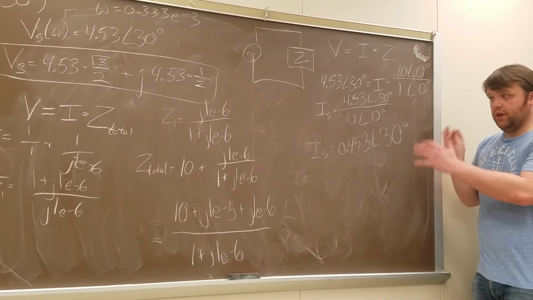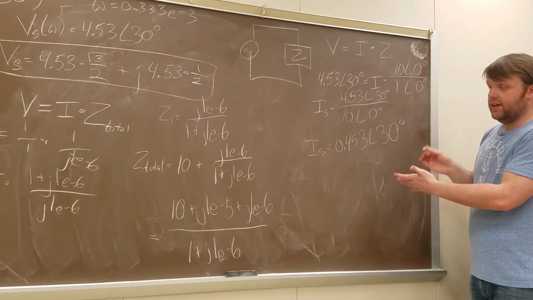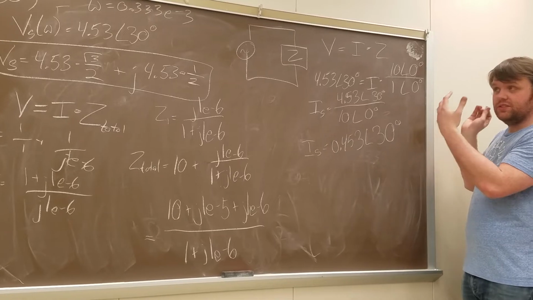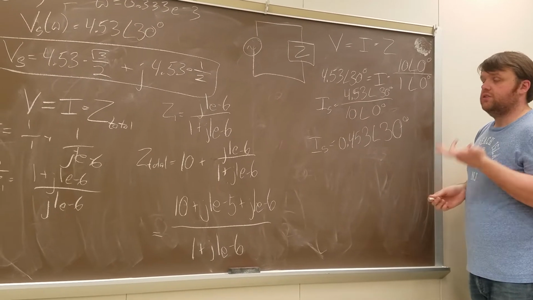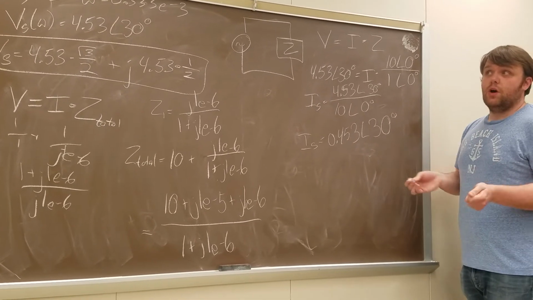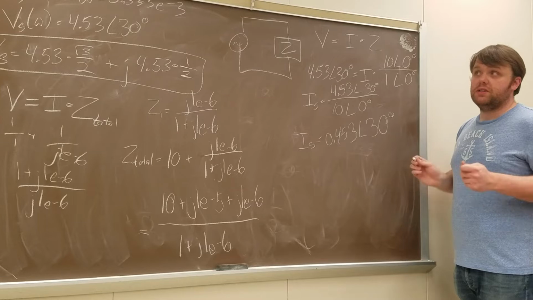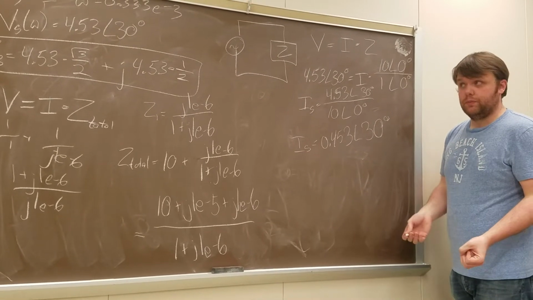Okay? There's our current source, which I could convert back to this. This is the same thing as our current source. Our source current is 0.453 times the cosine of 0.333 e negative 3t plus 30 degrees. Okay, that is our source.